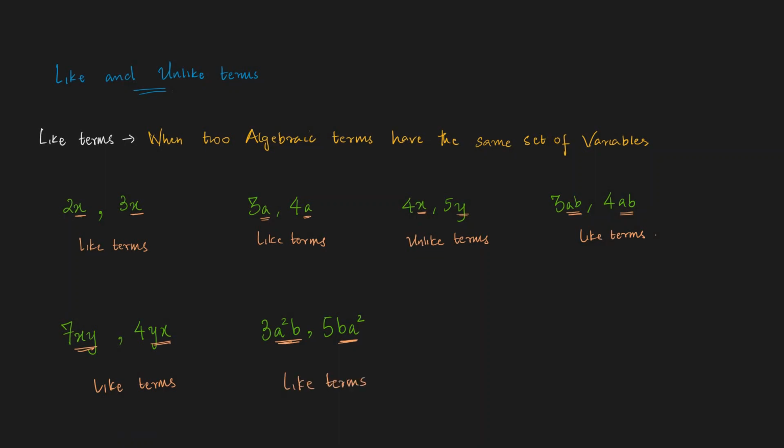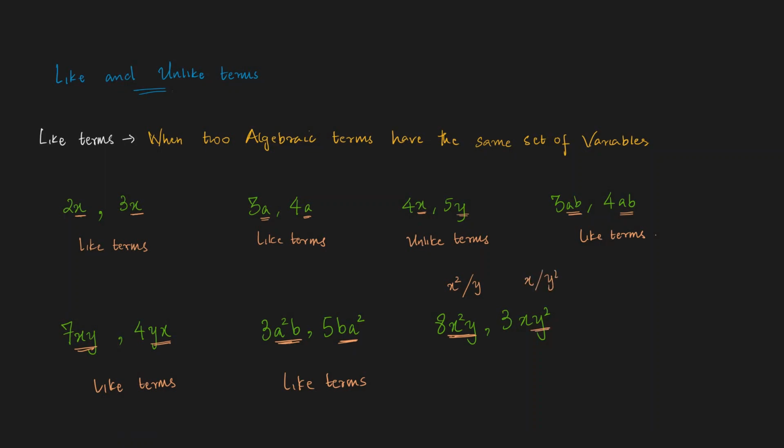Let's look at another example. 8x squared y and 3xy squared. Now if you have a close look at this, you see that the variables on the first algebraic term are x squared and y. The variables of the second algebraic term are x and y squared.